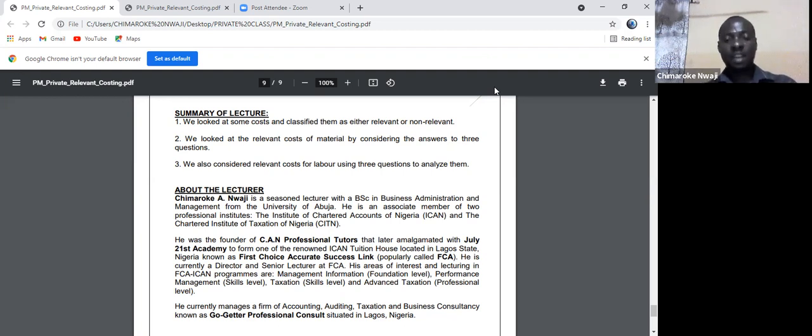That is relevant. Now we move to the next question because they're in permanent employment. You ask, is there spare capacity? If there is, the value is nil value for spare capacity. If there is no spare capacity, move to the next question.